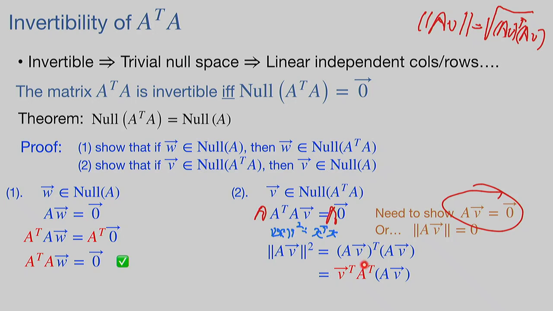Oh, now I'm getting somewhere, right? Because now I started with the norm of AV squared, and now I'm getting to something that has A transpose times A. Now what do I know about A transpose times A times V?